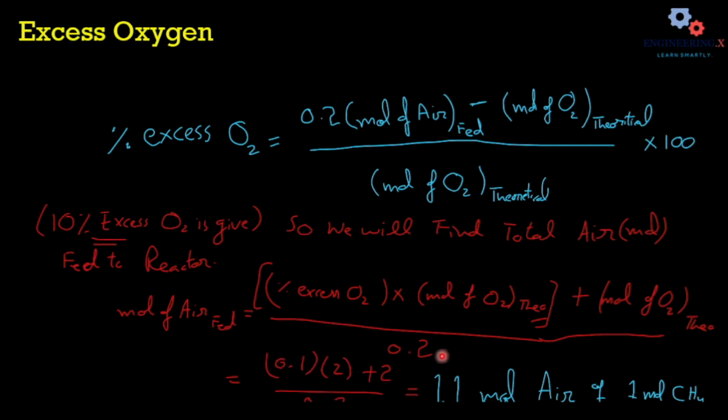After solving this equation, we have the final answer: 11 mole of air we have to feed into the reactor in order to completely burn 1 mole of methane. Okay, so let's move to the DWSIM software to solve this problem.